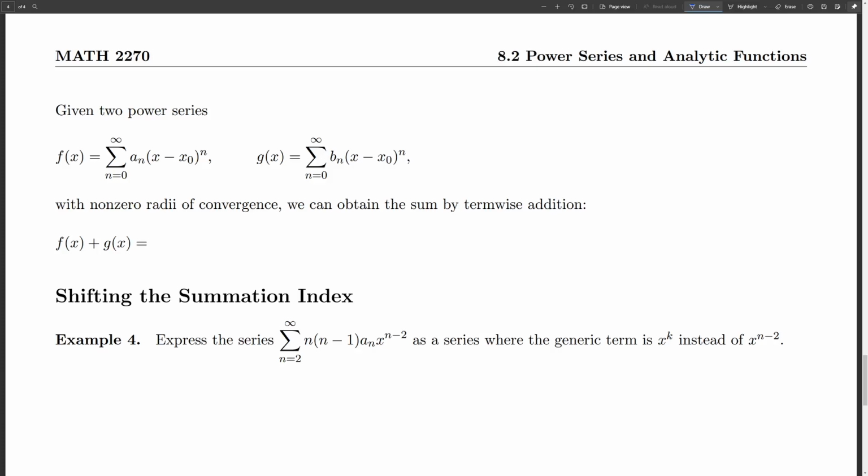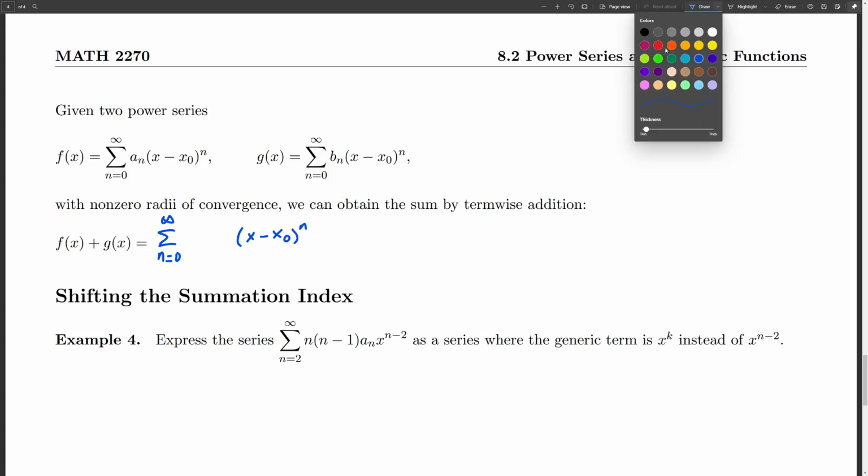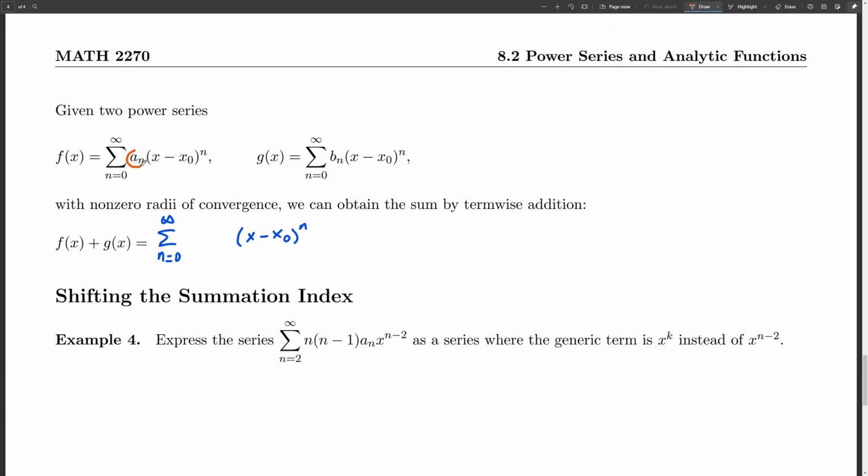So f of x plus g of x then has a power series that is equal to the summation from n equals 0 to infinity, centered at x minus x naught, and then all we have to do is add the coefficients for the two functions.